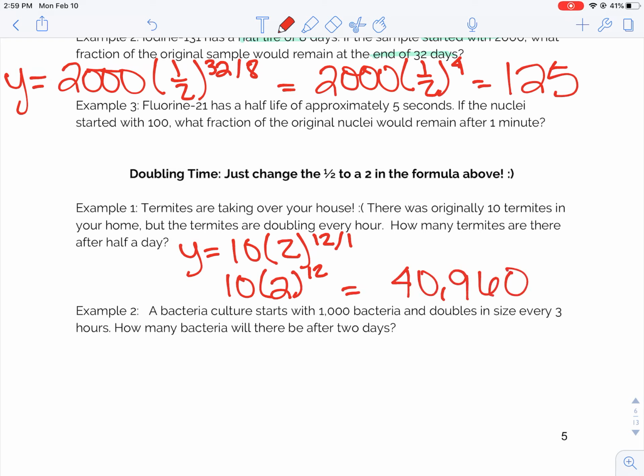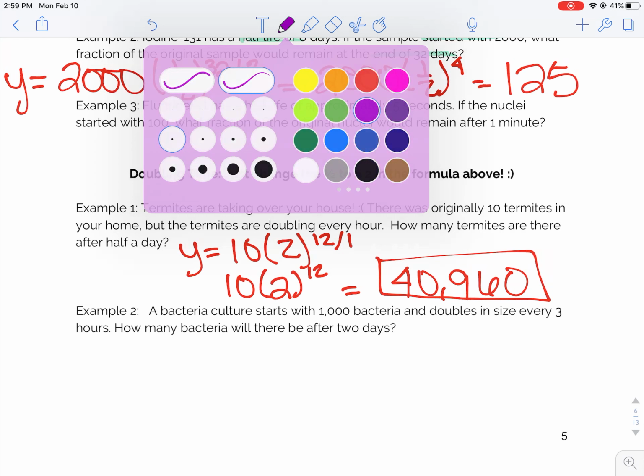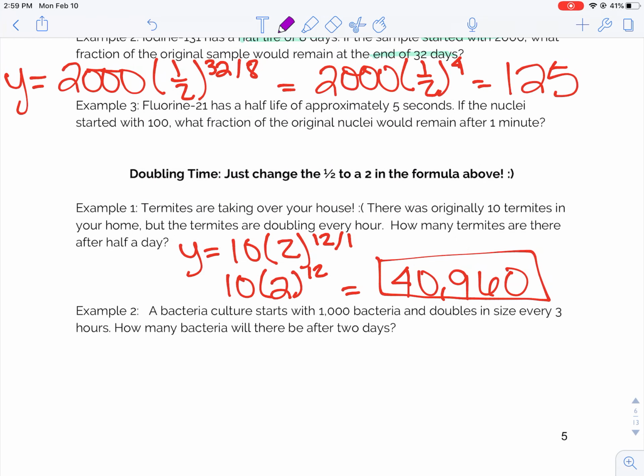And I get 40,960. All right. The next one, a bacteria culture starts with 1,000 bacteria and doubles in size every 3 hours. Okay, so we start with 1,000. We double, so there's a 2 in our parentheses. It doubles every 3 hours, and they want to know how many bacteria will be there after 2 days. Well, remember, we have to have the same units for our time.